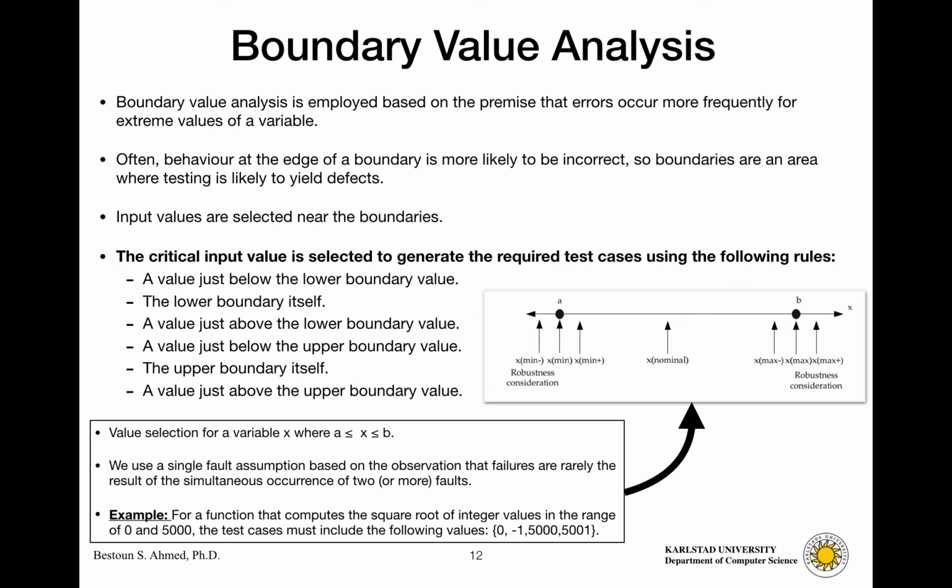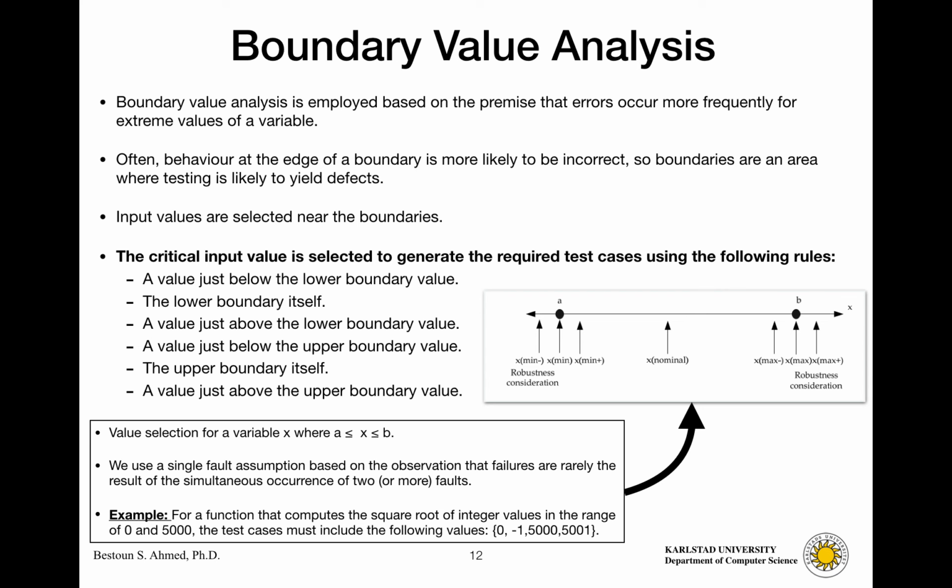Imagine that you are writing code with an if condition, and you say if A is greater than or equal to 5, but you forget to put the equal. Then the code checks A greater than 5, but the original specification of the software says it should be greater than or equal to 5.